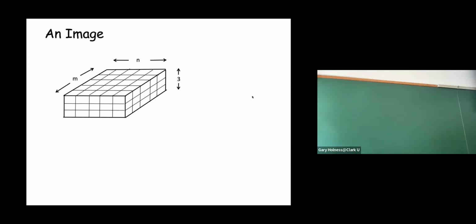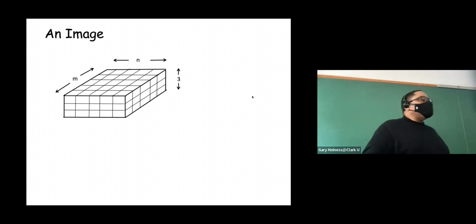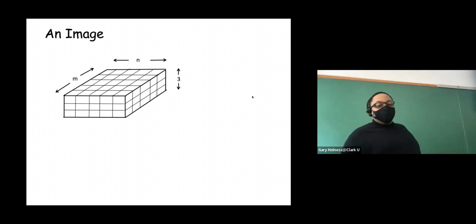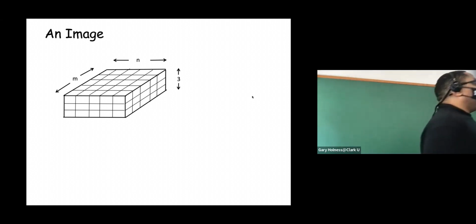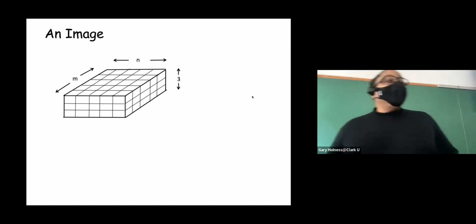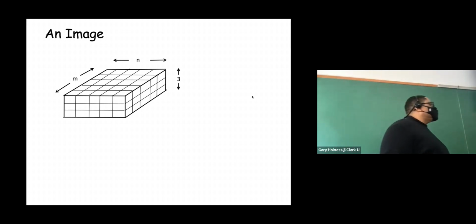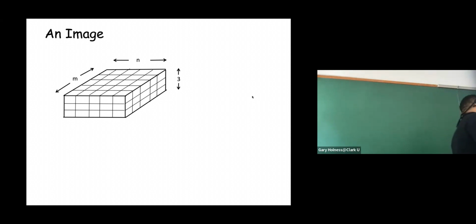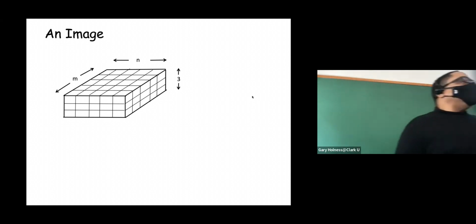Suppose in your image you have a two-dimensional array, m rows of pixels and n columns. It forms a matrix. But this third dimension is three cells tall, and it represents the individual contributions of the red, the green, and the blue component. These are so-called color channels or color planes.